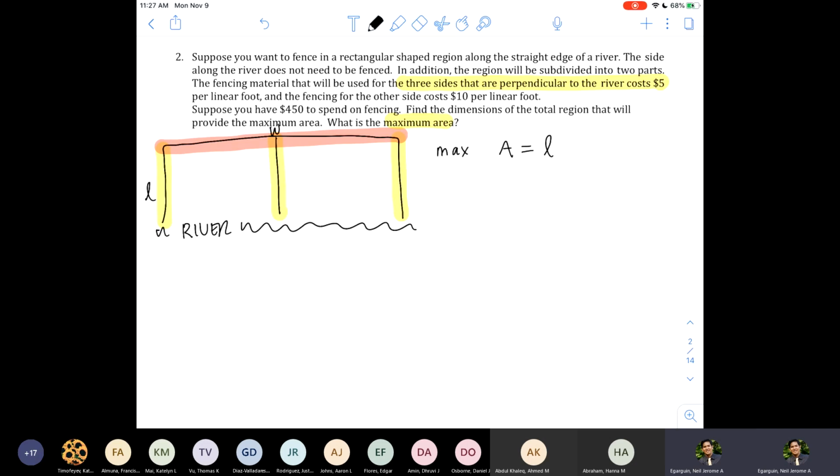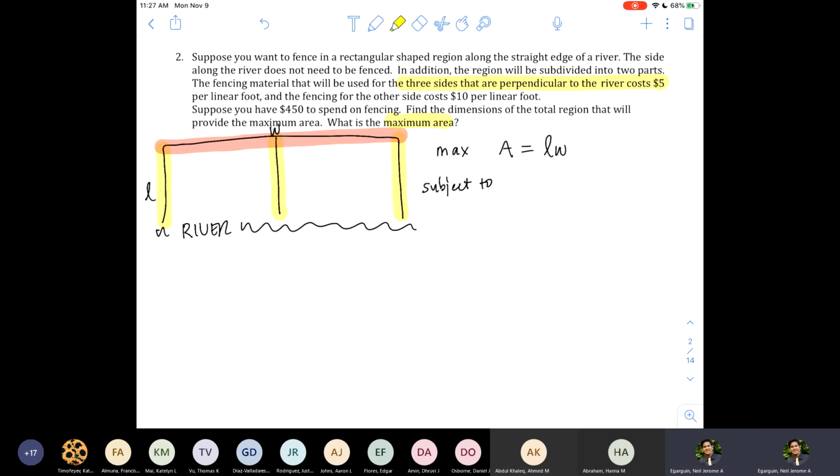So the formula is length times width. The problem with this is there are two variables involved, L and W, and we don't have, again, the tools right now to solve optimization problems involving more than one variable. So we are hoping that there is a constraint that will give us the relation between L and W, right?